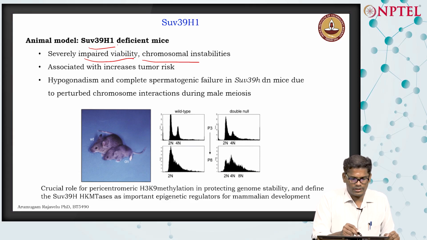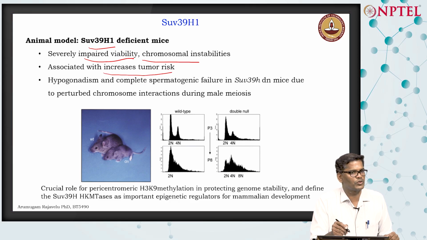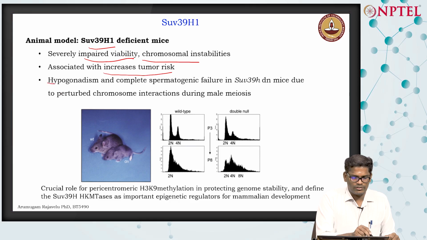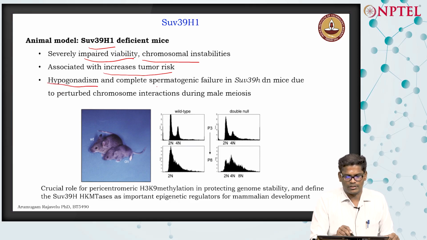Because of the loss of the protein, tumors are more likely because of the chromosomal instabilities. It is also linked with hypogonadism as well as spermatogenic failure due to the SUV39H mutants or knockouts.